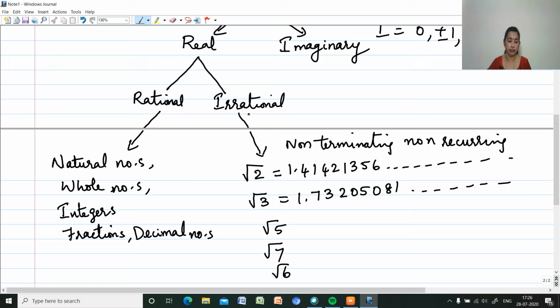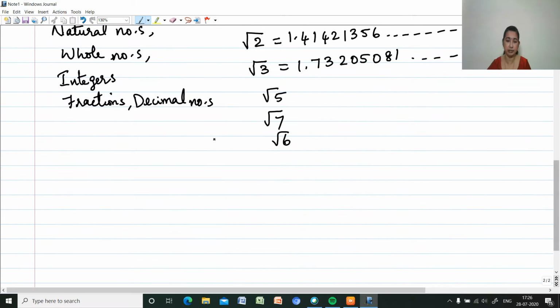Now what about a statement? If I am giving a statement, we have to check whether it is true or false. Every whole number is a natural number.